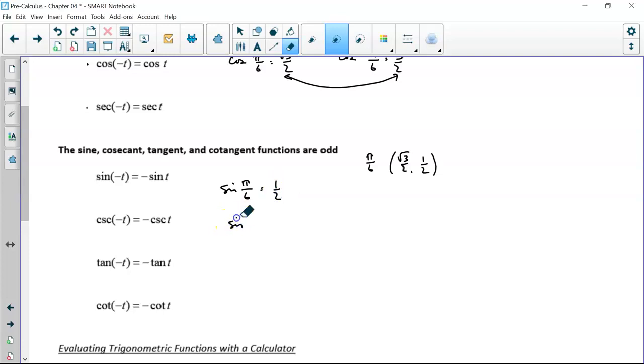The sine of negative pi over 6, once again, remember, we're just going backwards. We're going to be in quadrant 4, so it's going to be root 3 over 2, negative 1/2 this time. And you can see the sine of negative pi over 6 is that y-coordinate, negative 1/2. You see how they're opposites of each other? That's what makes it an odd function. And you could do it with the other ones as well.